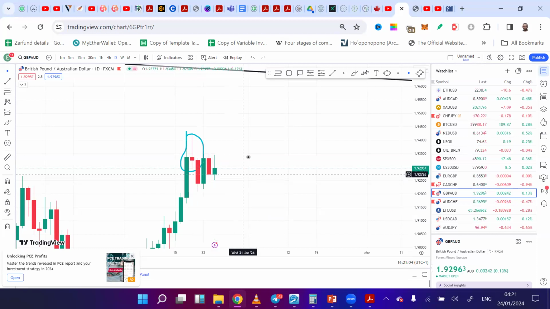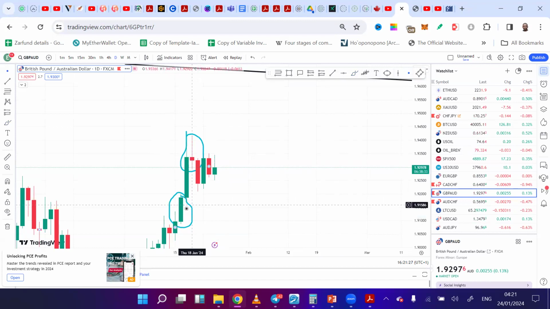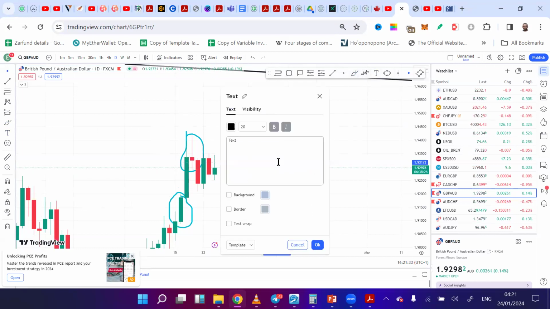So let's say there's $2 billion worth of volume in this period of time. That's an example, because this market is definitely more than that. Let's pick this candle, for example. In the period of time that this candle was formed, which is 24 hours, let's say there was $2 billion worth of volume.